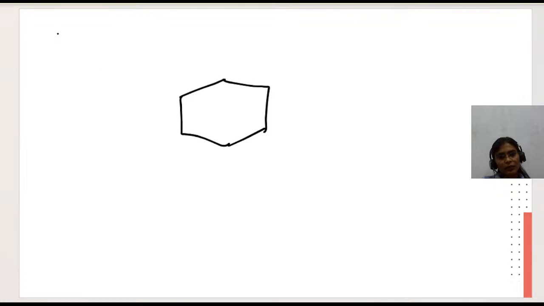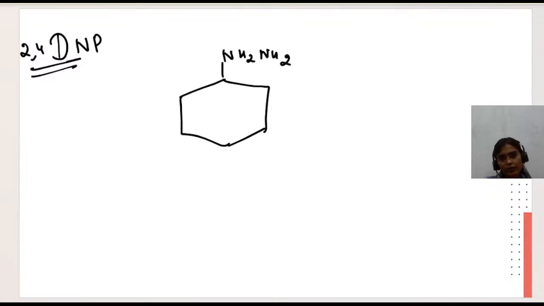It's DNP. Maybe you know the DNP test; at least you are familiar with 2,4-DNP. So it has NH2, NH, and one more hydrogen, and at the second position there is a nitro group, and at the fourth position there is a nitro group. This is our 2,4-DNP. So this test is only positive for carbonyl compounds.